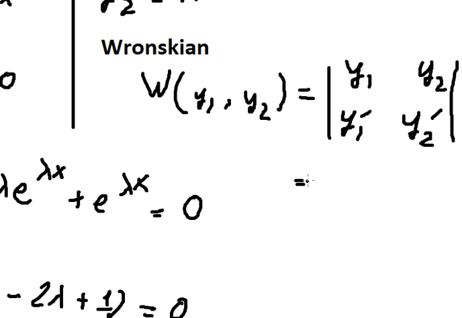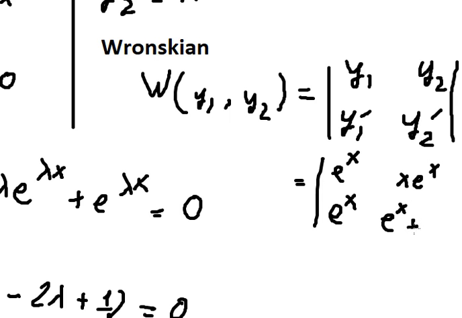So y1, we have e to the power of s. Y2, that is s e to the power of s. First derivative of y1, that is e to the power of s. This one is e to the power of s plus s e to the power of s. And now we need to find the determinant of the matrix.